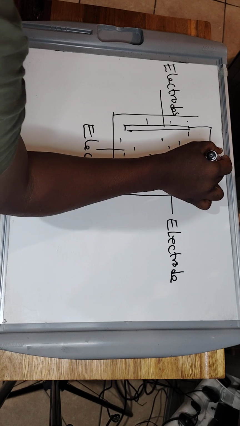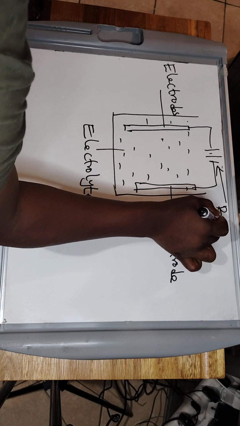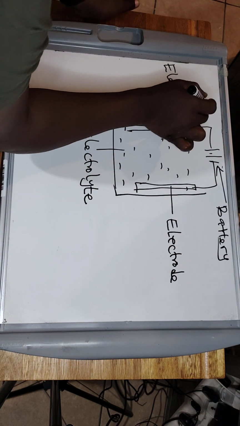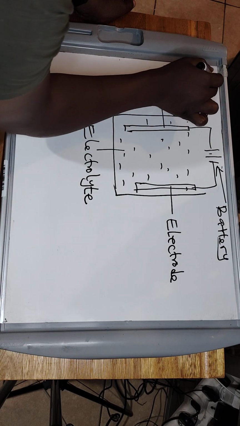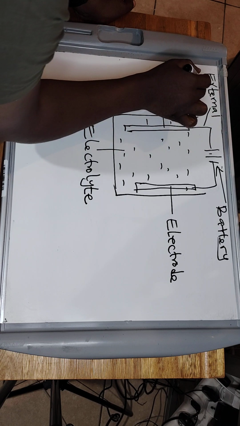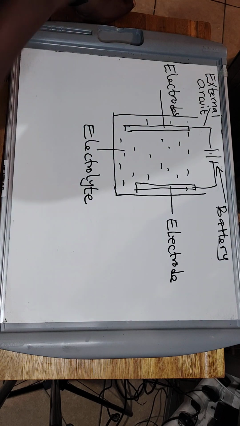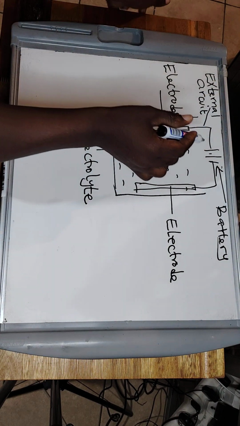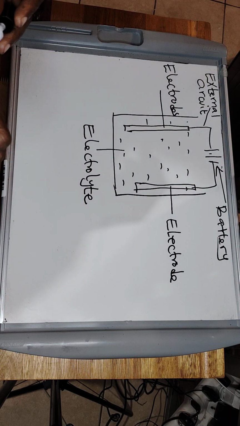And obviously, we know what this one is. This is our battery placed in the external circuit. The entire part of this one is called the external circuit. Okay, now, you look at this battery. Let me pause a bit here.